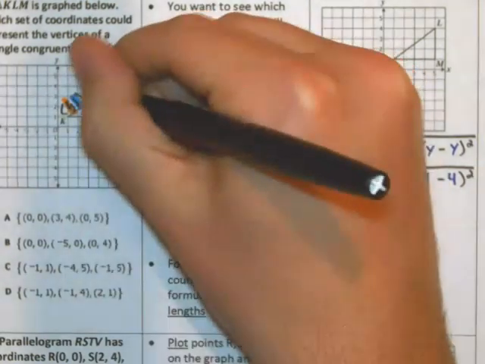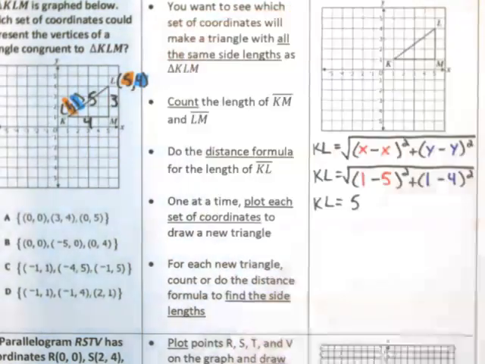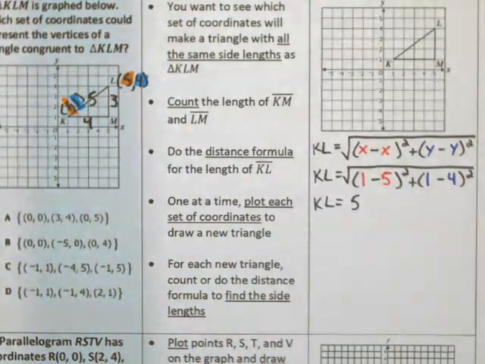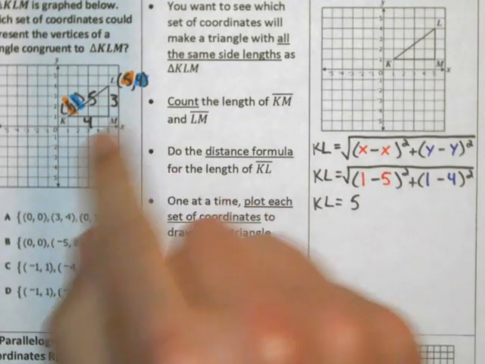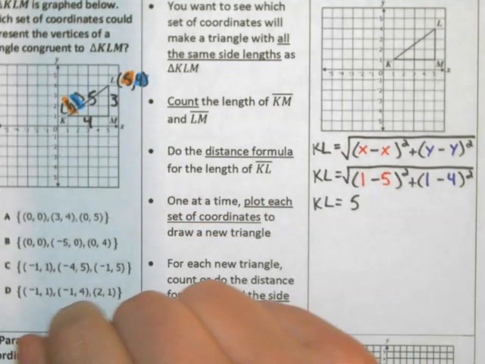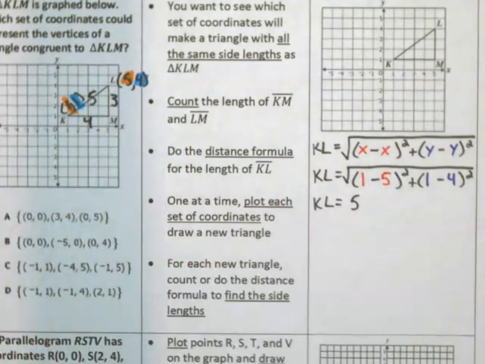So I'm going to go over here and put 5 on that last side, KL. So basically, what we're going to be looking for is which set of vertices here makes a triangle with obvious sides of 3 and 4, and then a distance formula side of 5. So we're going to try and plot these one at a time.